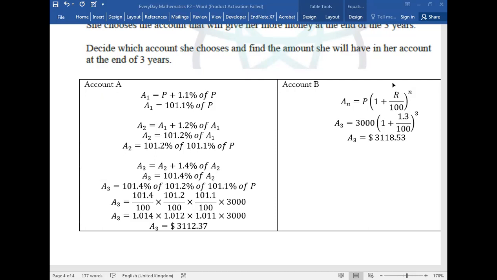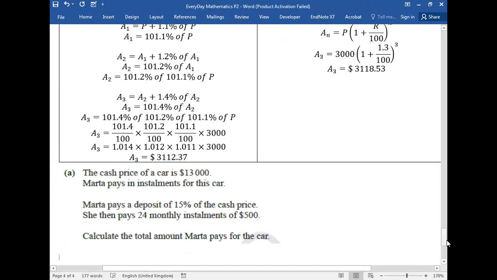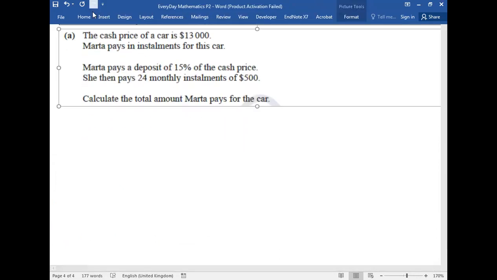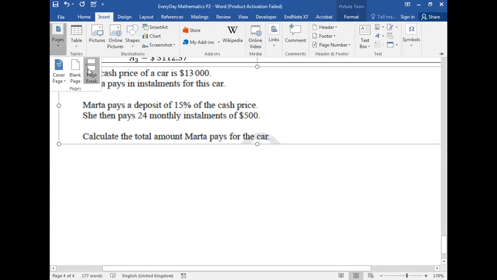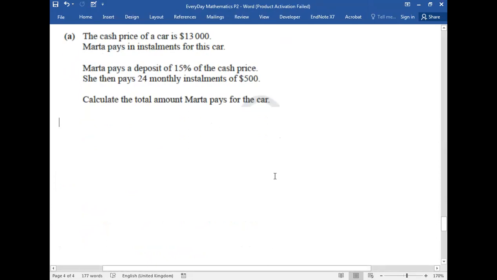Okay, let's have a look at another question. The cash price of a car is $13,000.